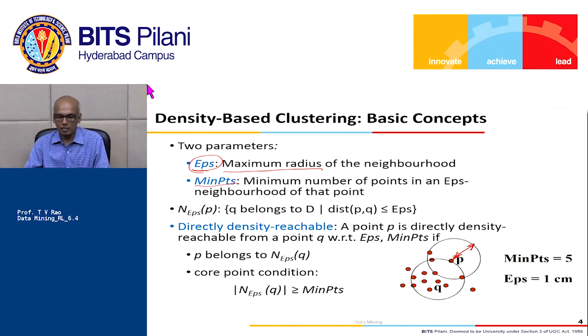Then we say that P belongs to the neighborhood of Q, which we call the epsilon neighborhood of Q. The important point is that there should be at least min points within that epsilon neighborhood of Q. Then P is directly density reachable from Q.